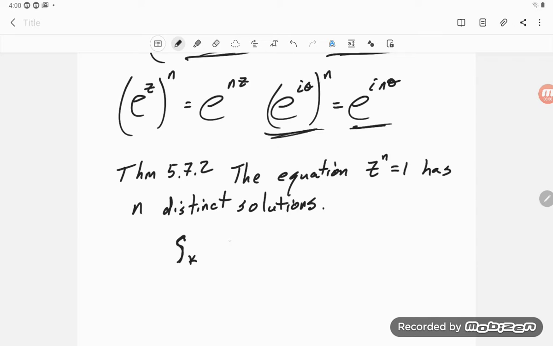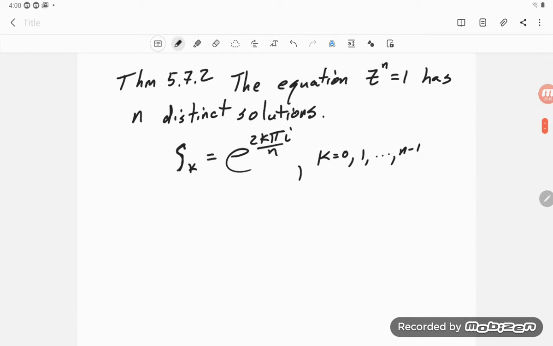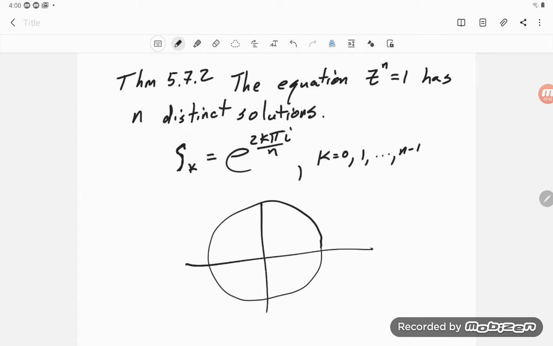So the answer is e to the 2k pi i over n, and k equals 0, 1 up to n minus 1. Okay, so these are, the geometry of this is they are equally spaced on a circle of radius 1.